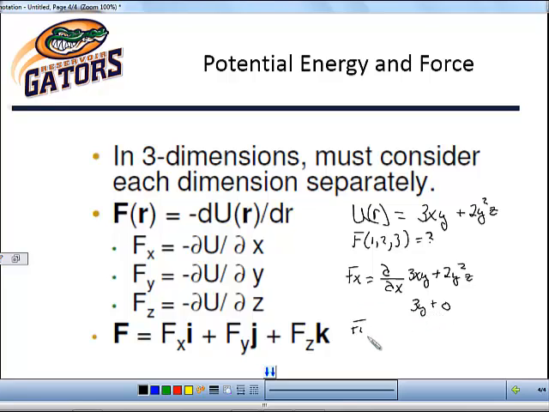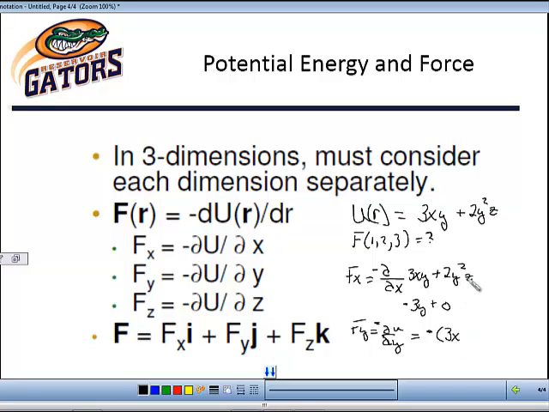Well, let's do the y direction. Oh, let's not forget that minus sign. Miller, you almost did it, so that makes that a negative. Okay, so I'm going to put the negative out there right off the bat to remember it. Okay, so we're going to take it with respect to y. Well, that means that x is a constant, so the derivative of y with respect to y is 1, so we end up with 3x.